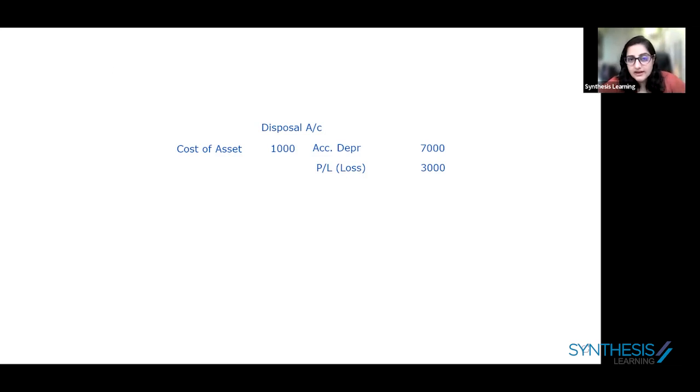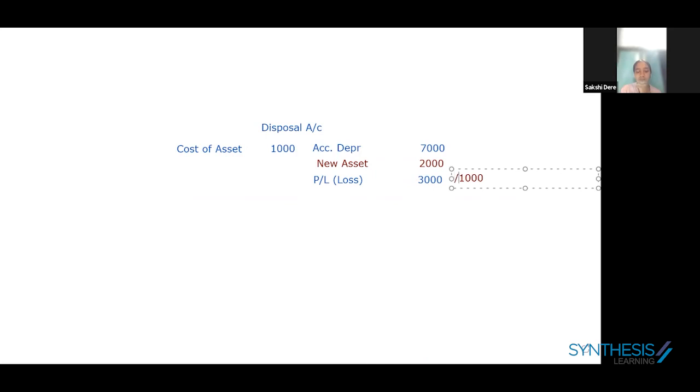Had I passed the correct entry where I was supposed to record this additional new asset. New asset में मुझे कितना कम मिल गया था? 2,000 कम मिल गया था for the old asset. फिर मेरा loss कितना दिखता बेटा? सिर्फ 1,000.